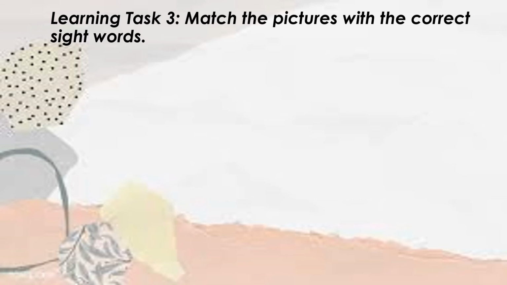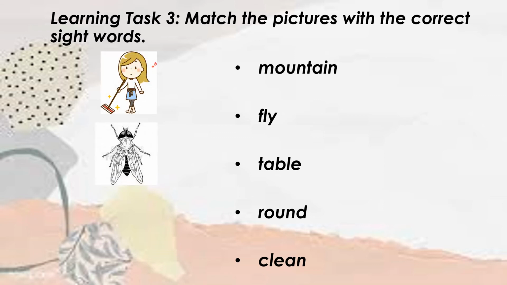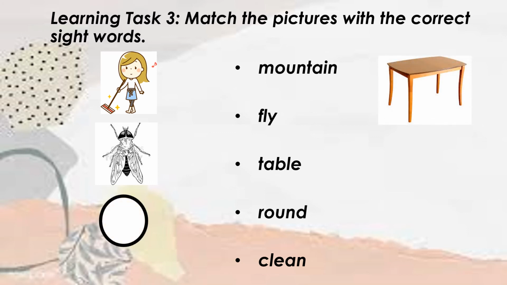Alright, let's go to learning task 3. Match the pictures with the correct sight words. We have mountain, fly, table, round, clean. Let's match with the pictures. Okay.